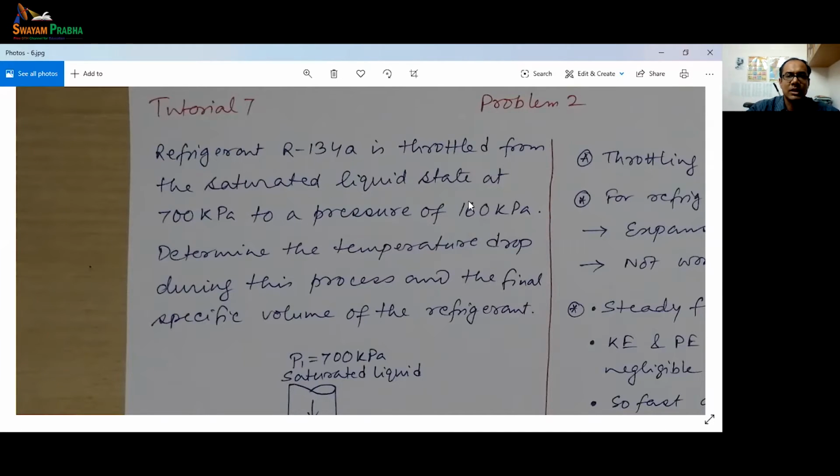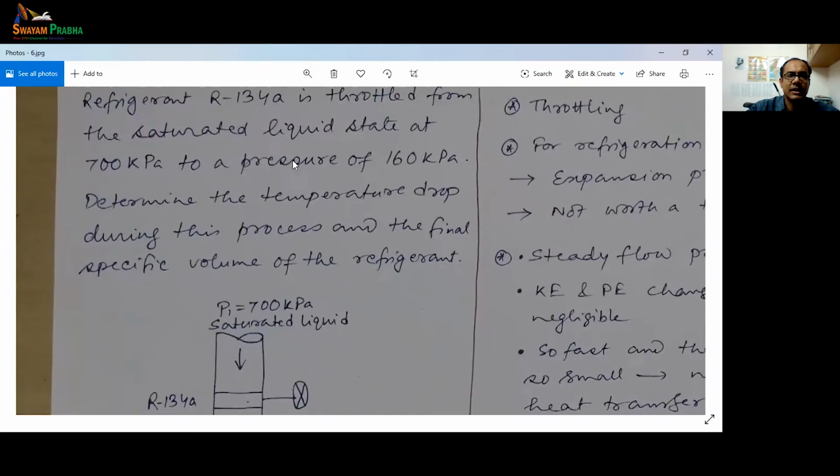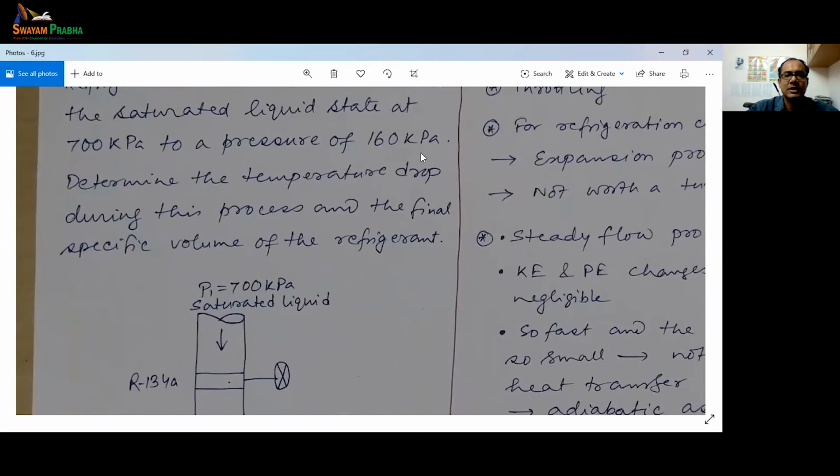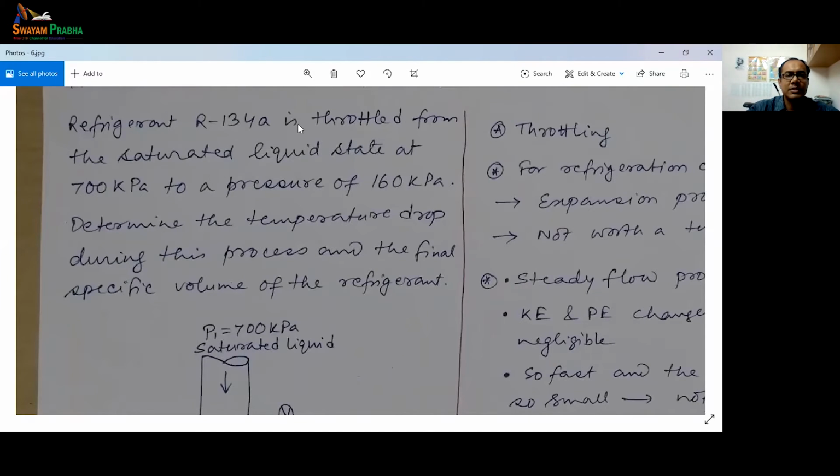Throttled from the saturated liquid state at 700 kPa to a pressure of 160 kPa. So just from this statement you can see throttling is reducing the pressure. It's 700 kPa to start with and throttled to a pressure of 160 kPa. So pressure is coming down in throttling.